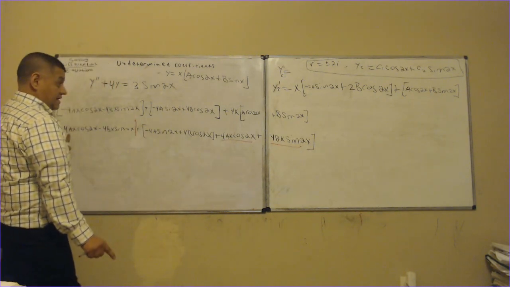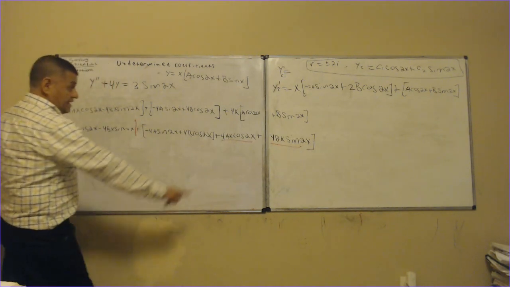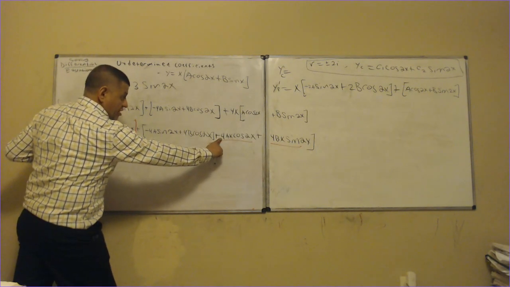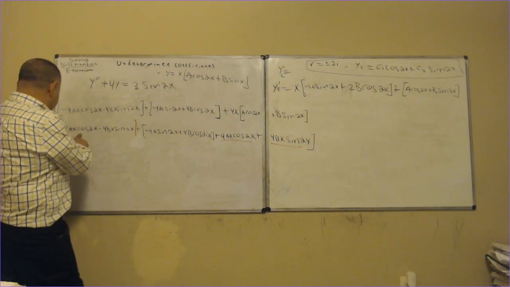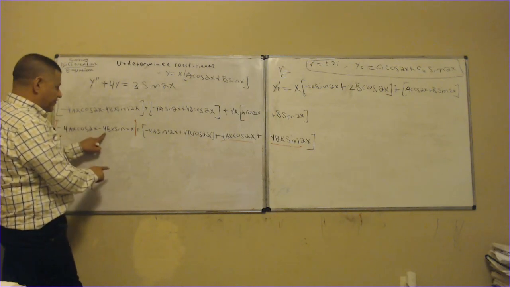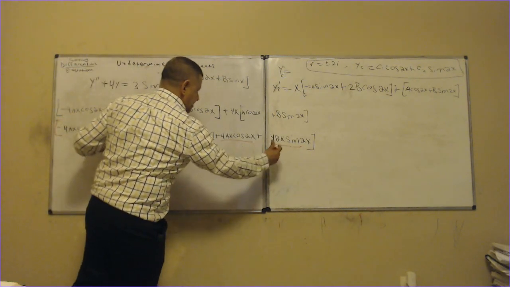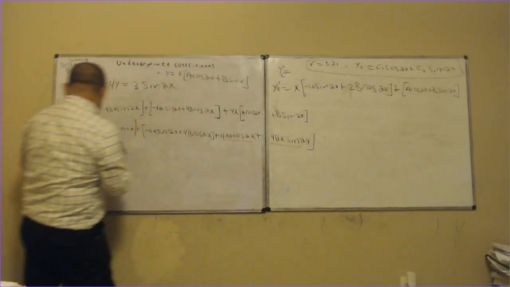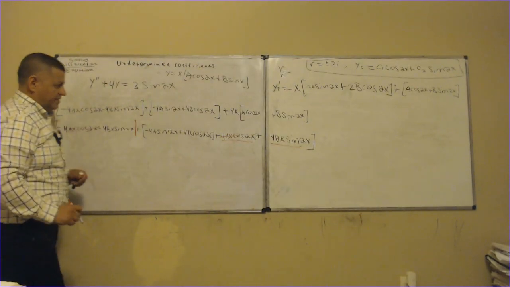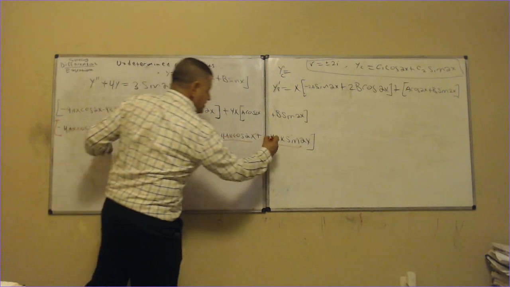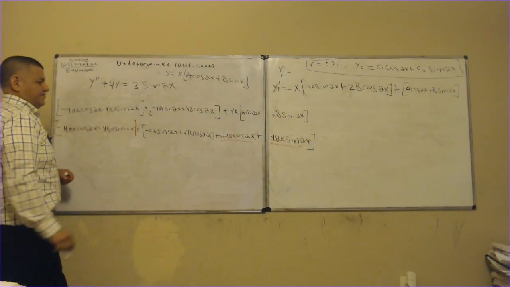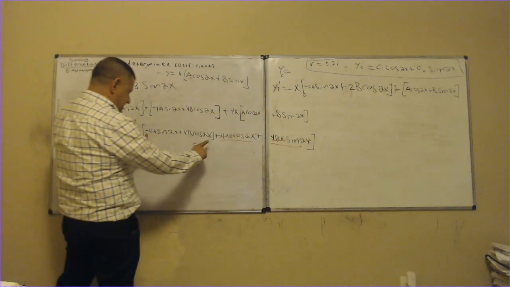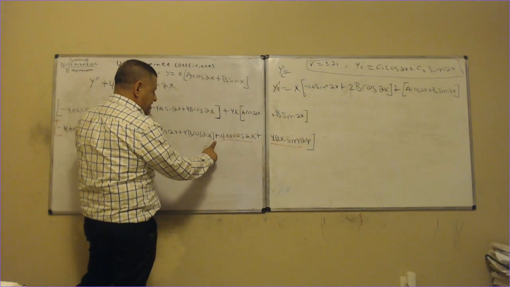I got the same thing: 4ax cosine 2x, negative 4ax cosine 2x, the same thing over here, and the same thing over here. So this cancels with that, gone. This cancels with this, gone.